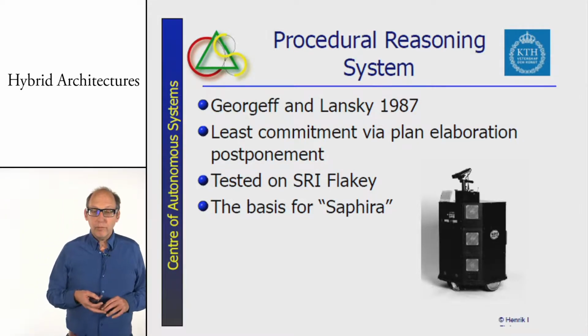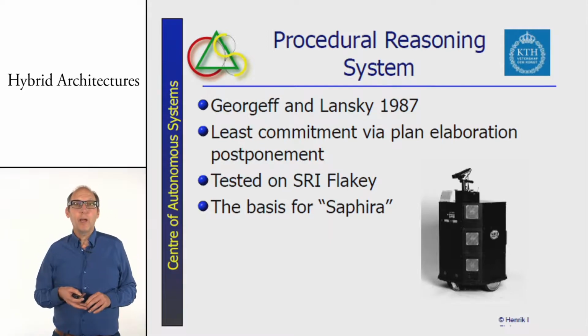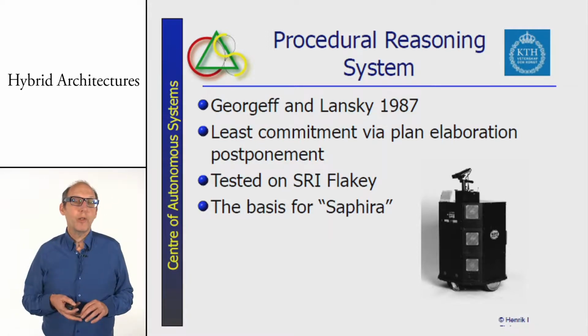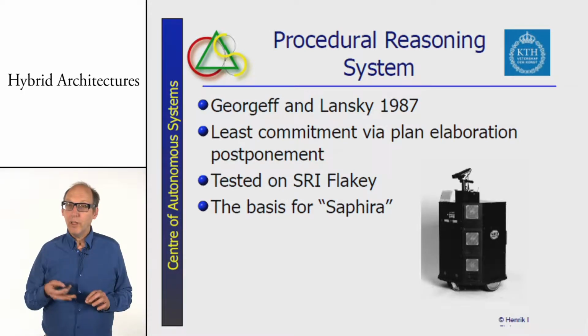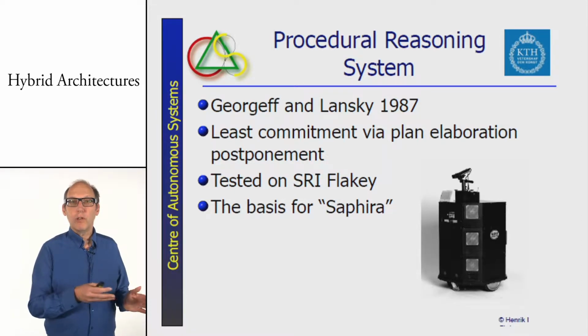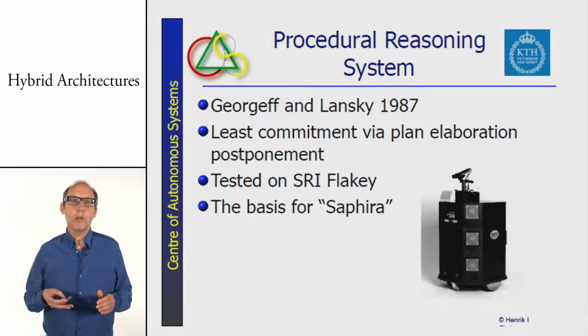Okay, we continue. As I said, hybrid architectures are demonstrated on a lot of different robotics systems. So we continue with Georgiev and Lansky. That's an example where you put the planning outside the loop of the real control.